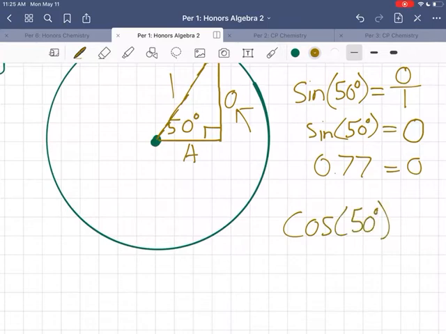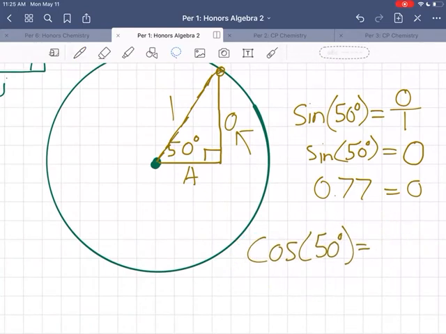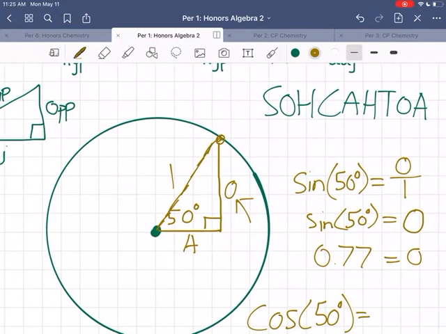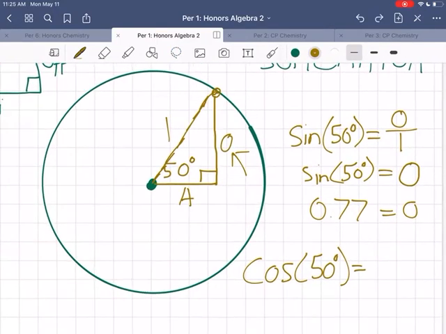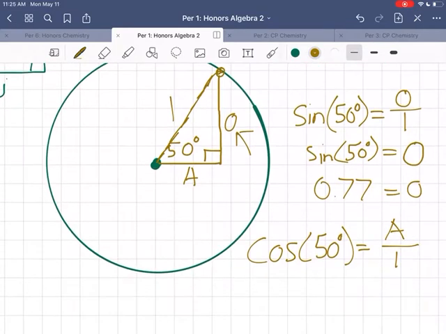We always put the angle measure within that parenthesis that goes with the sine, the cosine, or the tangent. And now let's write out the ratio. The ratio again here is the adjacent over the hypotenuse. So our adjacent goes on top, which we don't know, and our hypotenuse is still just 1. So we can also simplify this.